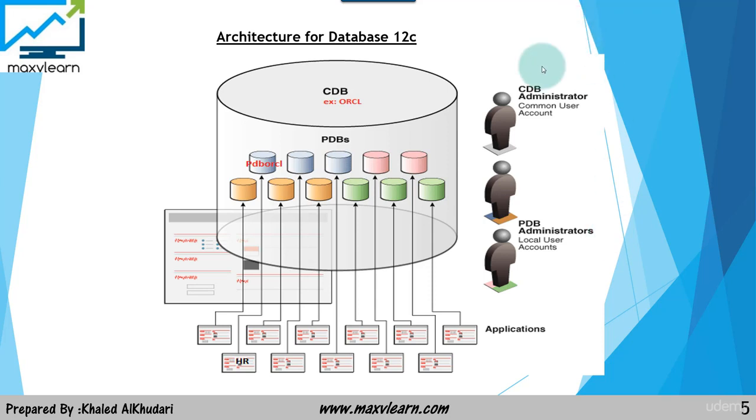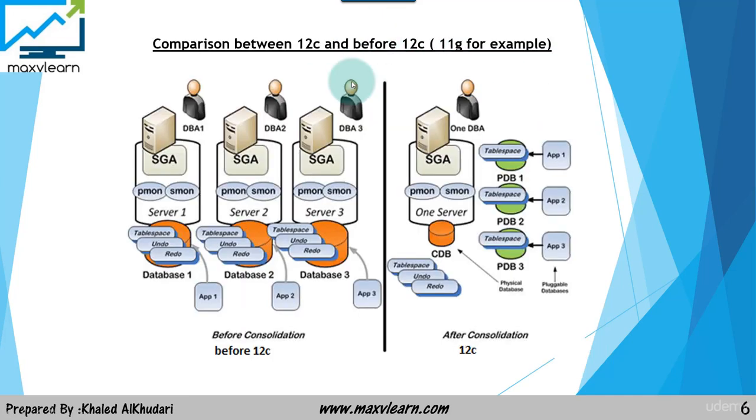Now, what is the difference between this architecture and the previous release of Oracle? Let's talk about this point. It's very simple and easy. Before Oracle 12c, for example 11g, you will find many databases spread across servers.